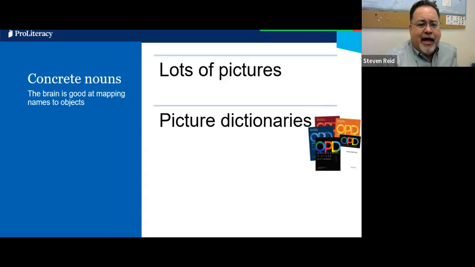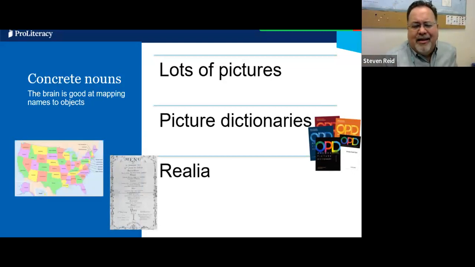If you decide to get that New Readers Press scholarship that's available, you could use it to purchase some picture dictionaries. The Oxford Picture Dictionary is a great tool that you can use when working with lower level students.